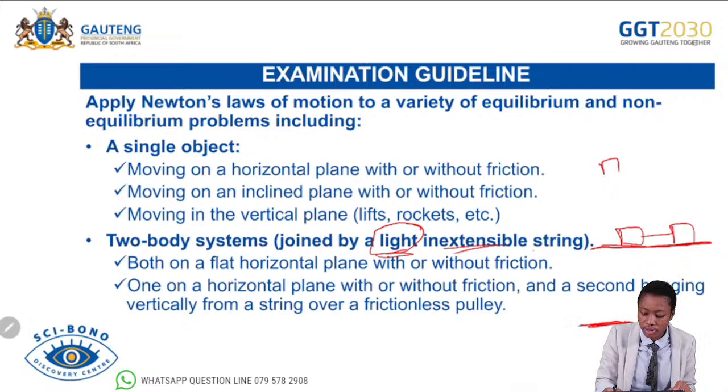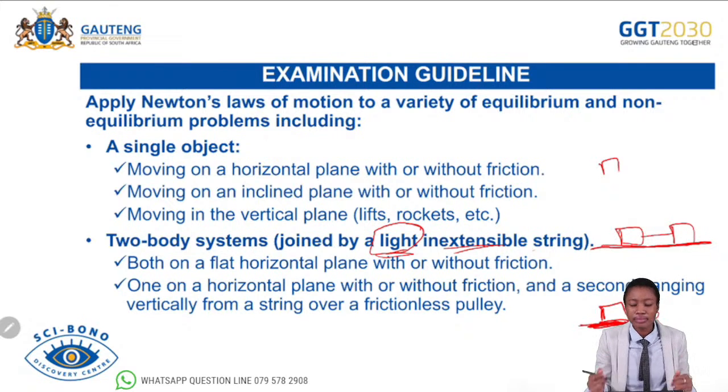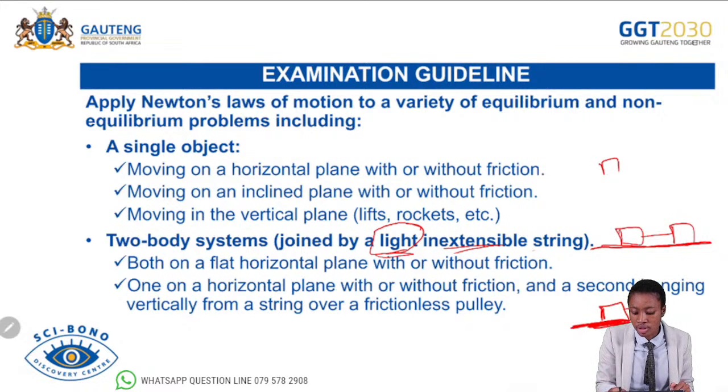I'm just giving a scenario here. For example, we have one on a table, and then another box hanging with a pulley in this manner. So this is on a horizontal plane, and this will be hanging vertically. So that's the two scenarios that you can get when you're looking at the two body systems.